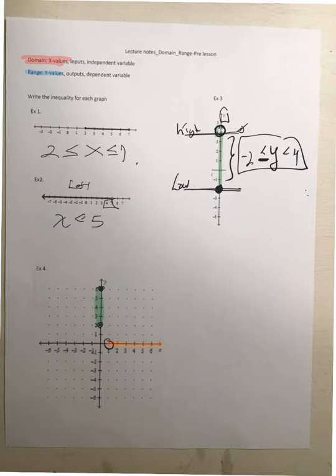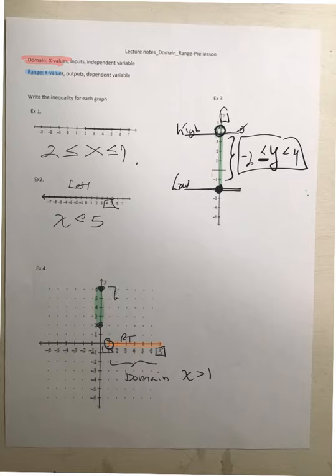So our domain, remember, are the x values. So this is your domain, your x values. How would you write that sentence for the x values? Well, we'd say x, and remember it's all the numbers that are to the right of 1. So we would write all the x values that are greater than 1 with no equal to symbol.